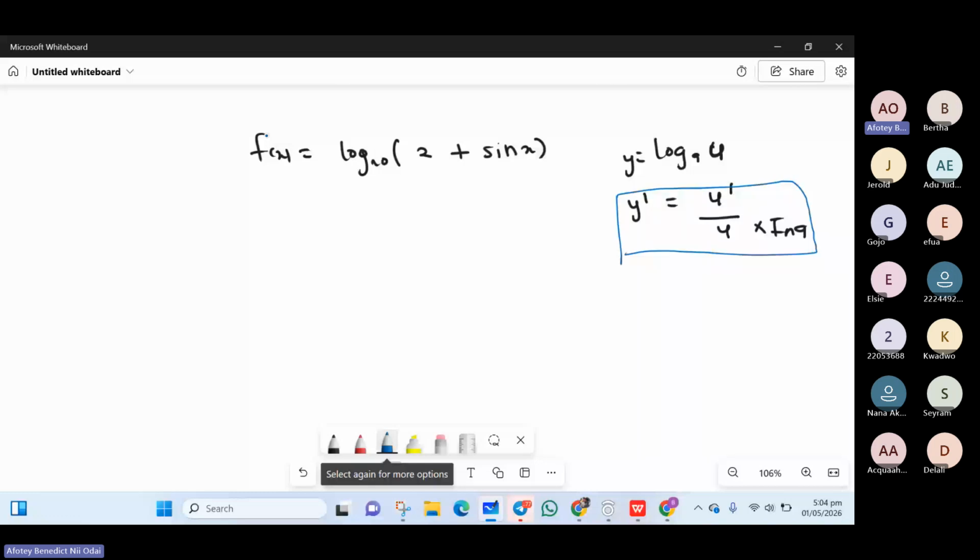Remember that natural log is also a similar case, right? Let me check something on the calculator real quick. Natural log of 10. There's actually a strong relation between y equals natural log of x and this one, right? You can actually write this one in this form. And you see that it makes so much sense.